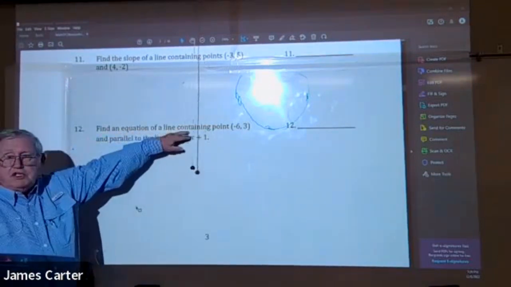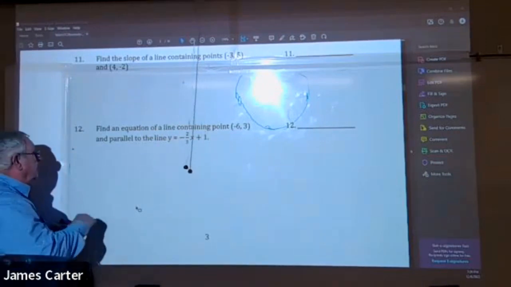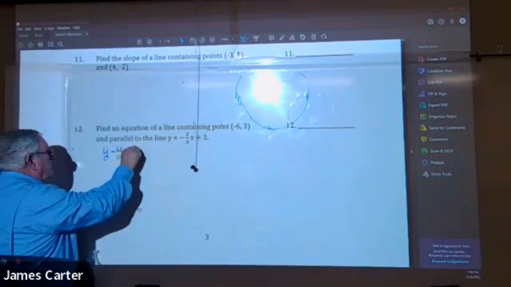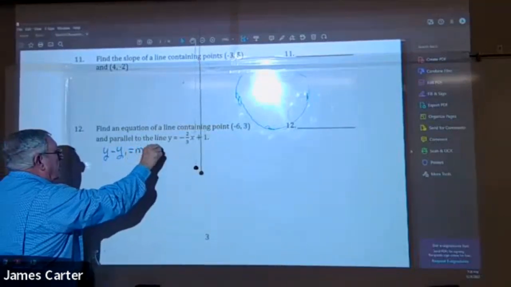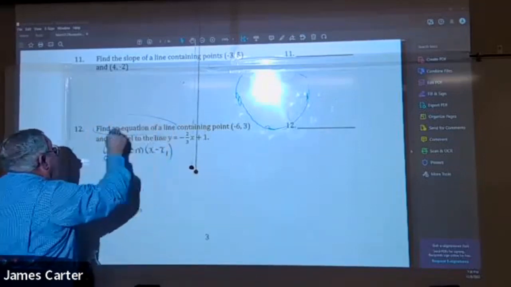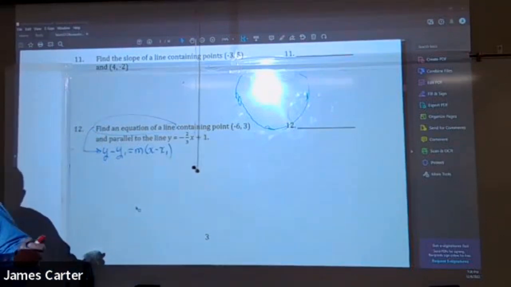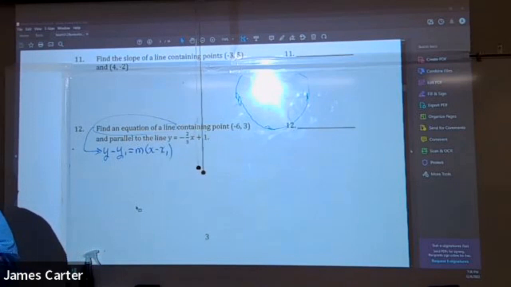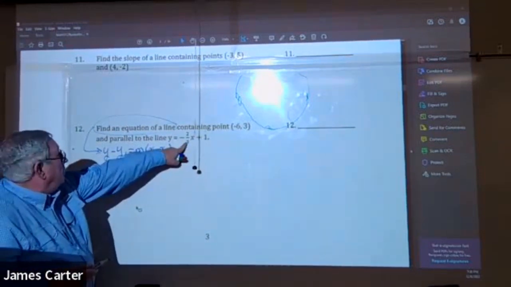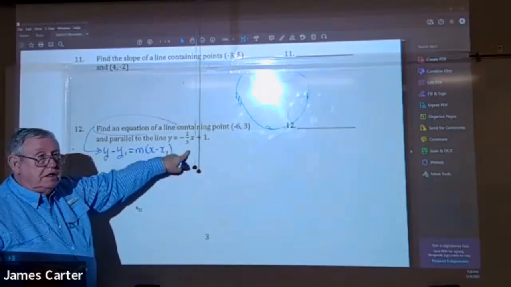See this, find the equation of a line statement? Anytime you see that, eventually you're going to use this equation. Now, you may or may not have a first step, if you have to find the slope. But in this case, we can get the slope because of this line.